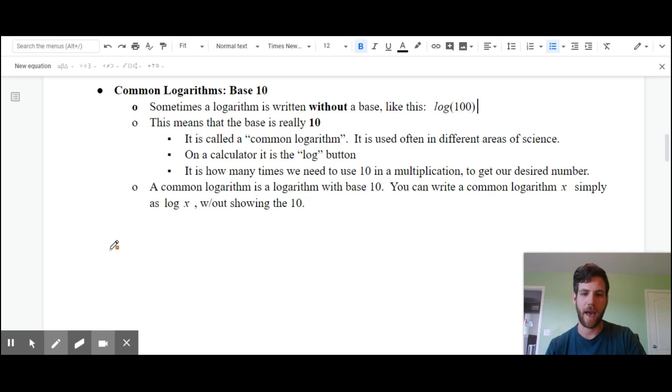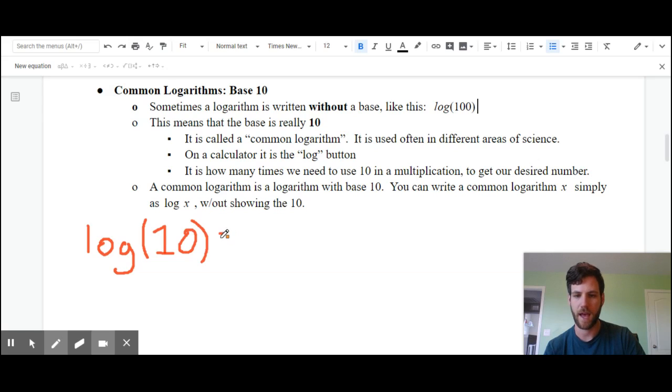You would have a logarithm, like if you wrote it out as log of 10. Well, that would be the same thing as log base 10 of 10.